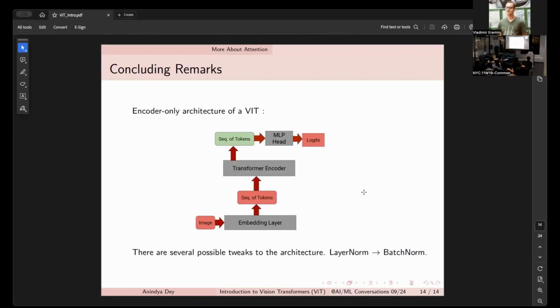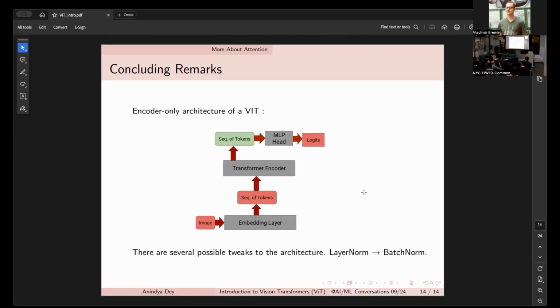But there's an easier tweak, where you can think of replacing the layer norms with batch norms. We know from the history of CNNs how the introduction of batch norms caused a mini revolution in that field. And it's an interesting question whether one can integrate batch norm in the architecture of ViTs.